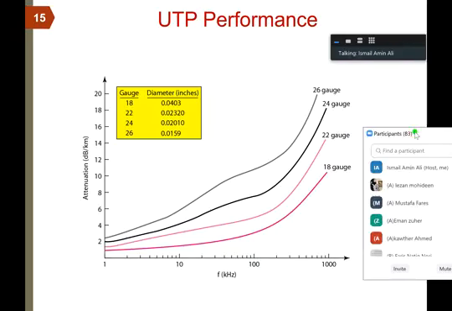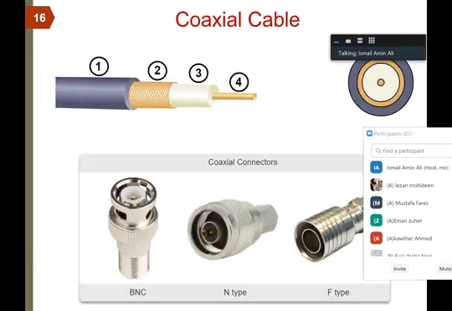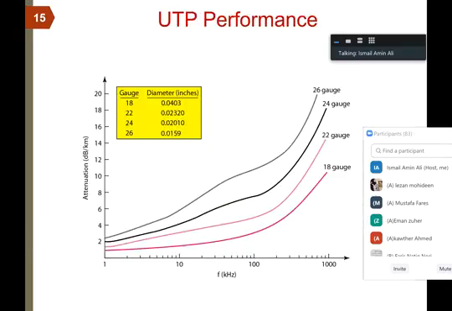As you know, we have limits on data rates, and the length that the cable can go changes with frequency, because as the frequency increases, the attenuation increases also. So if you see these cables, this is the gauge of the cable. Gauge means size.